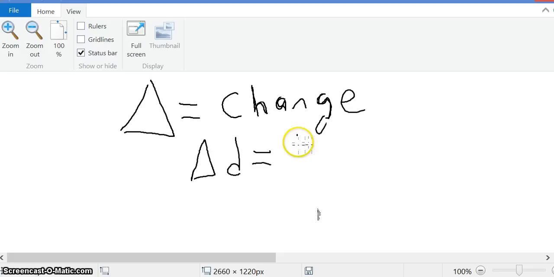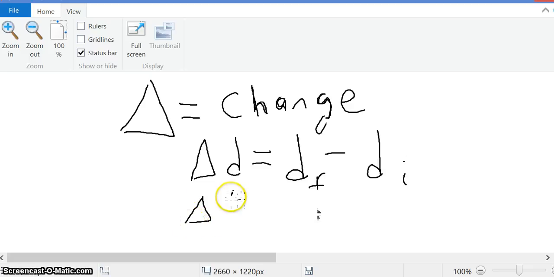So we'll talk about d final, where the subscript just means final, minus d initial. The same thing goes with time. Delta t is going to be t final minus t initial.